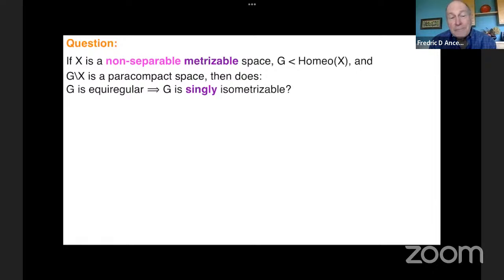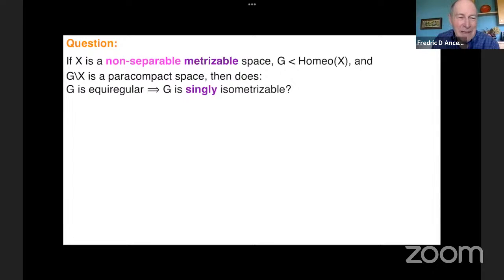I don't know. I think this is false, but I couldn't come up with a counterexample. So if you know anything about these kinds of things, I welcome new information.